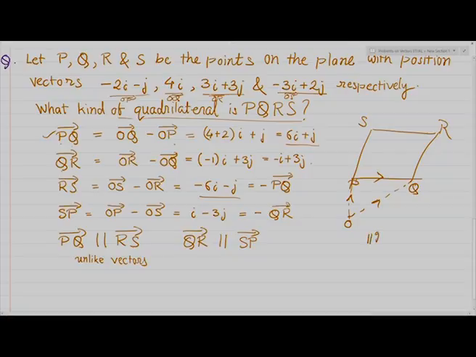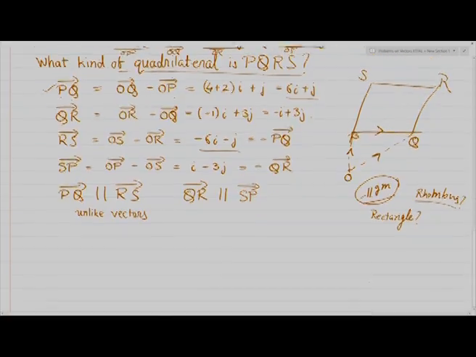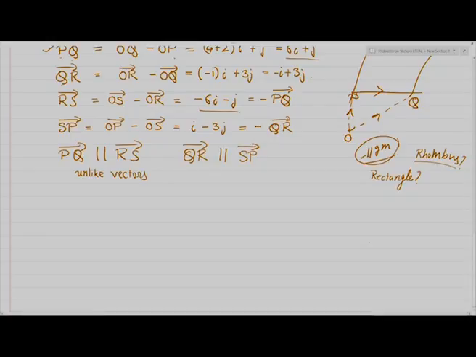So this quadrilateral can be a parallelogram, but if all the sides are equal, then it can be a rhombus. This is a question mark, but one of the cases can be a parallelogram. We do not know whether it is a rhombus or not. It can be a rectangle. For it to be a rectangle, either the diagonals should be equal or one of the angles we have to show is 90 degrees. I do not know this, but for sure it will be a parallelogram. So, let us try to eliminate or justify the possibilities of rhombus and rectangle, right.